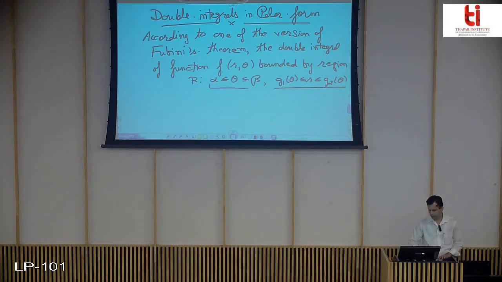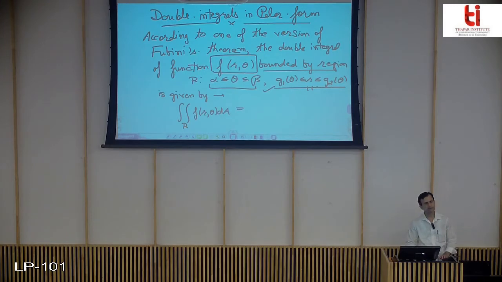So here are the limits of theta, and here are the limits of r. Then the double integral of the function f(r, theta) over this region is given by the integral of r f(r, theta) dA, which equals theta from alpha to beta, r from g1(theta) to g2(theta), f(r, theta), where dA or dx dy is replaced by r dr d theta.